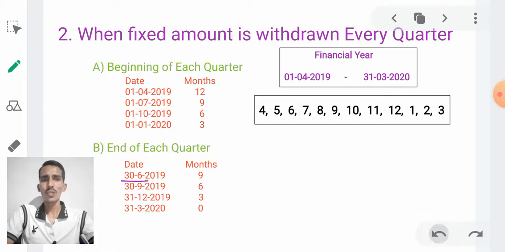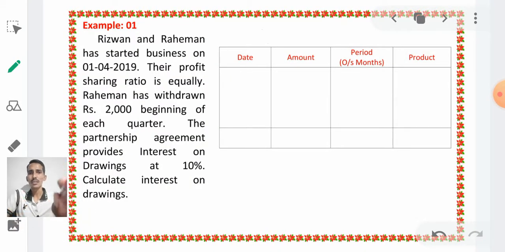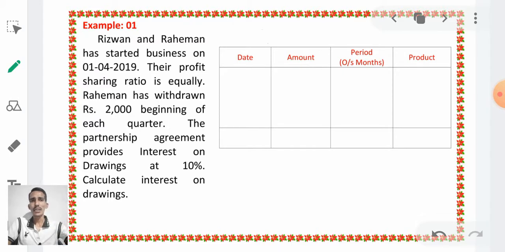One problem will be solved on the beginning of each quarter and another problem on the end of each quarter. Just see, read the question. What is it saying: Rizwan and Rahman started a business on 1/4/2019. Their profit sharing ratio is equal. No need for any profit sharing ratio because we are calculating interest on drawings.